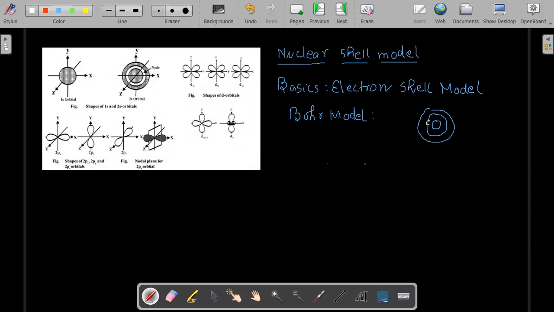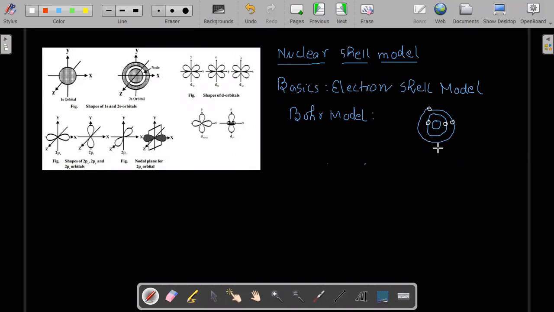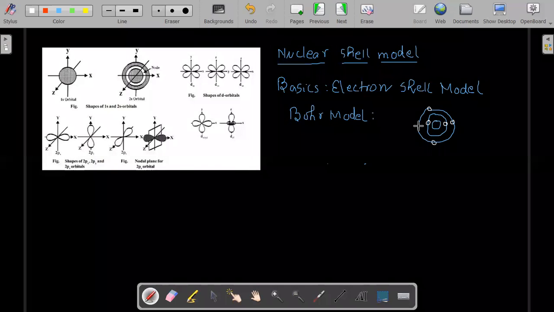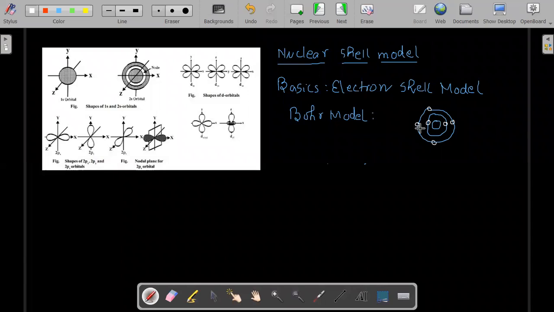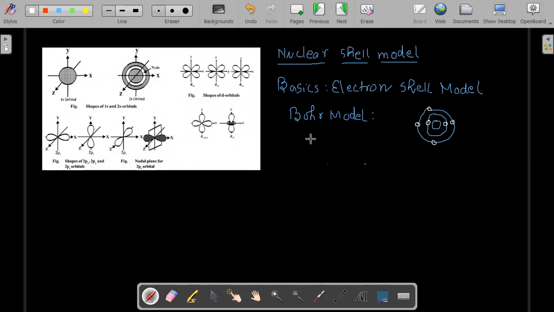There are certain orbits in which it's going to move around, and the number of electrons is restricted for a particular orbit. These are the basic ideas of the Bohr model, and of course there are a lot of postulates. But moving ahead, we have to talk about the shell model.